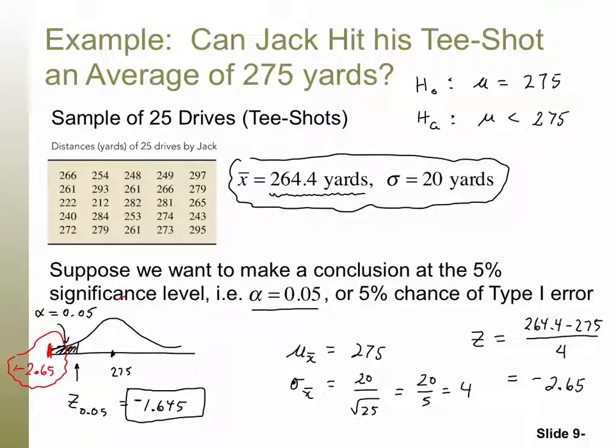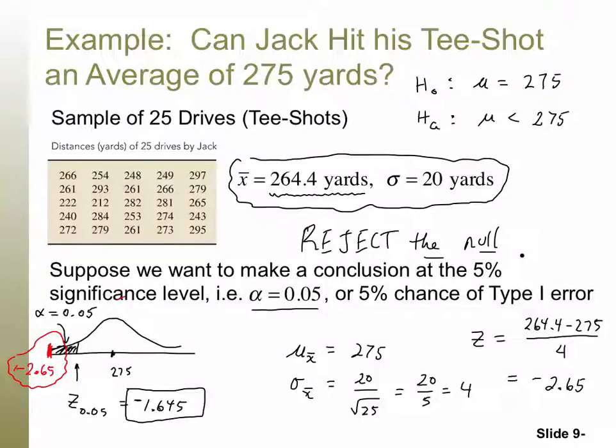His mean of 264.4 is 2.65 standard deviations below, which is well less than our breakpoint. So we are going to reject his claim. Reject the null, and say we don't think Jack can hit 275, based on the evidence.